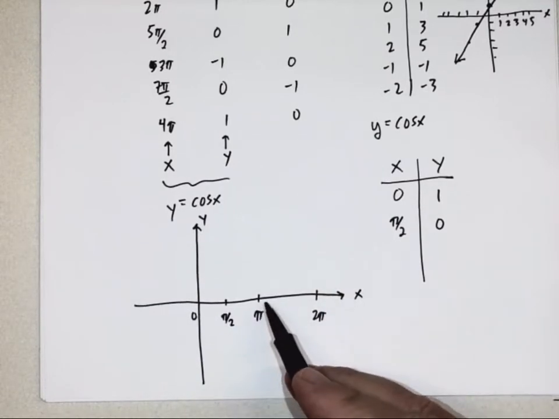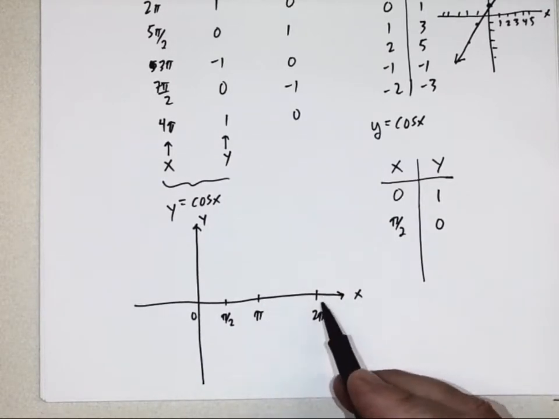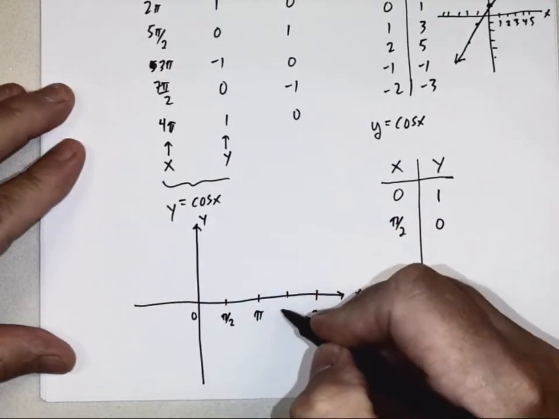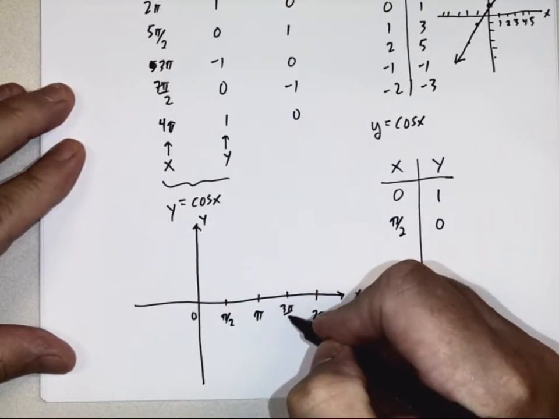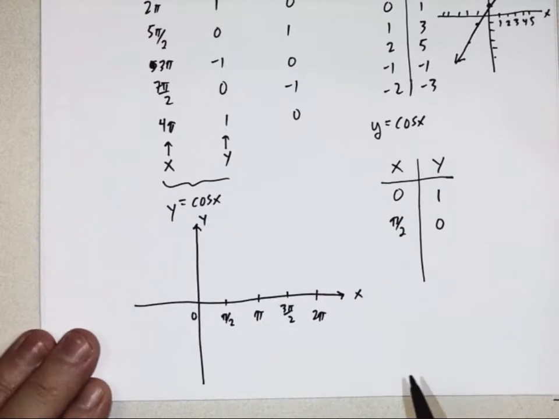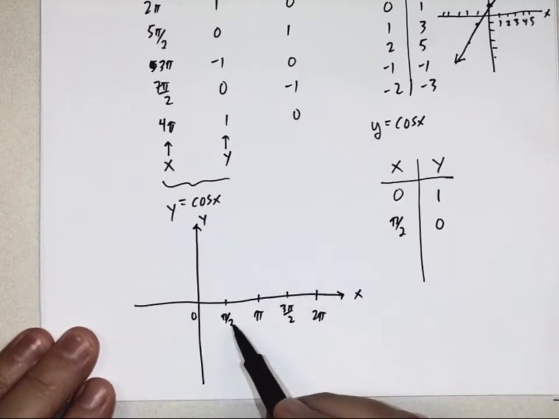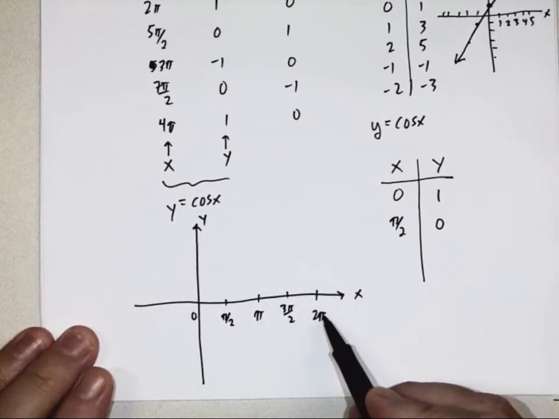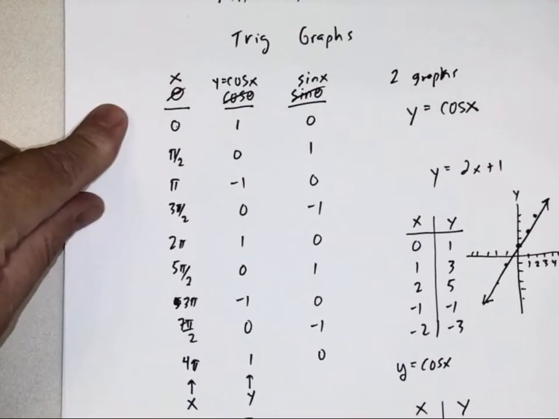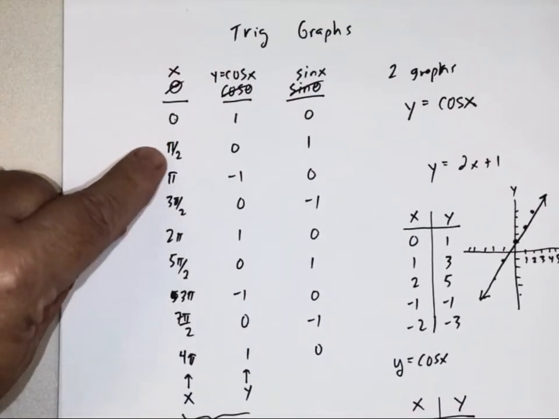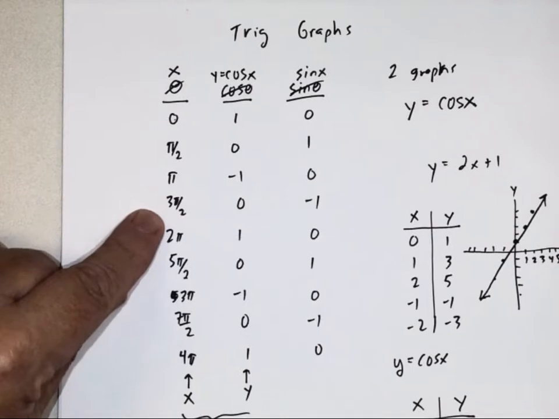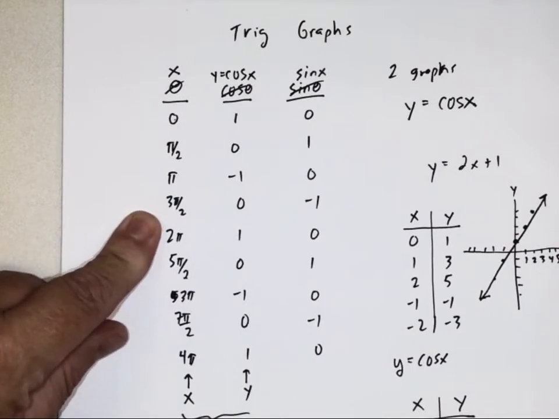And what would it be if you go halfway between pi and 2 pi? It turns out 0, pi over 2, pi, 3 pi over 2, 2 pi.